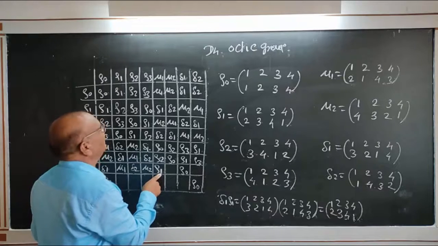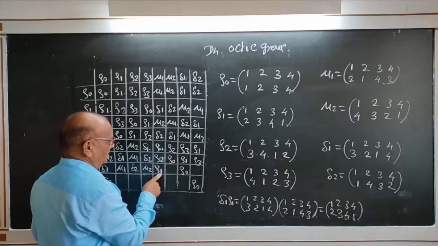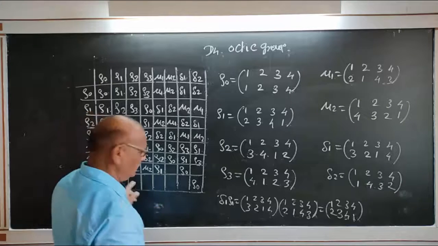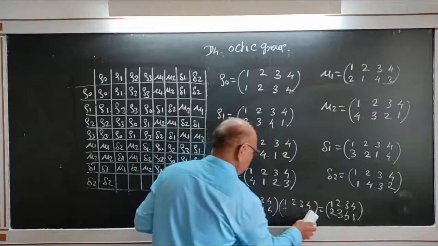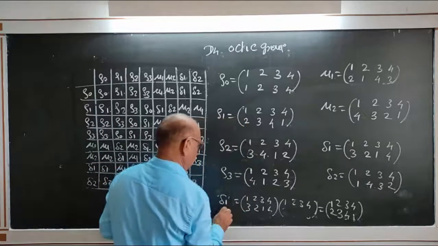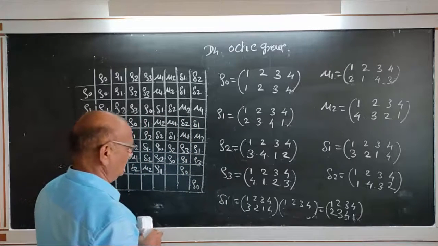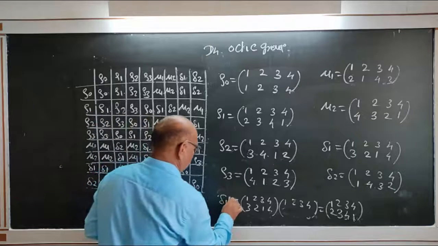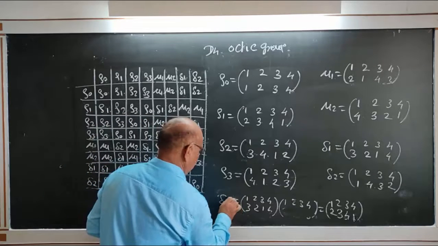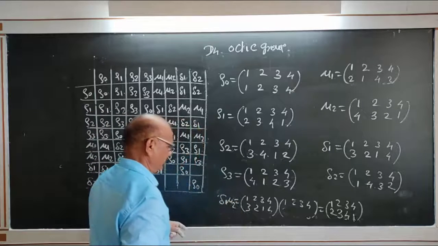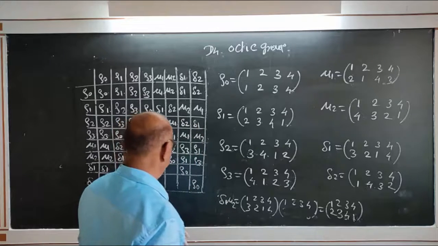Now delta 1 into mu 2. Delta 1 into mu 2. Okay.